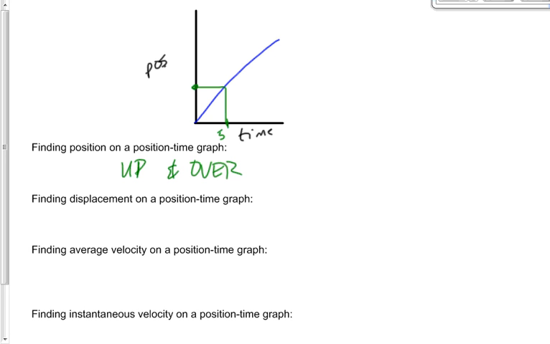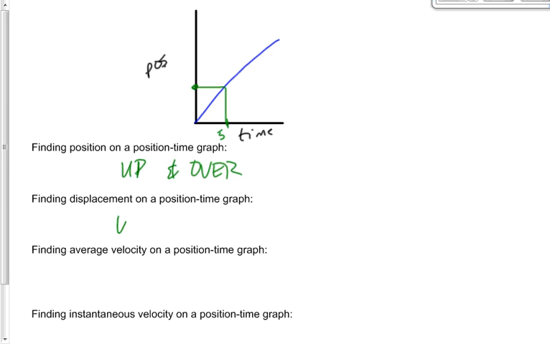What about displacement on a position time graph? How did we define displacement again? It's been, what, 4 days now since we defined it the first time? What is displacement? It is the change in position. All right, we just got position. How are we going to get displacement? The change in position. Yeah, just two positions and subtract them.